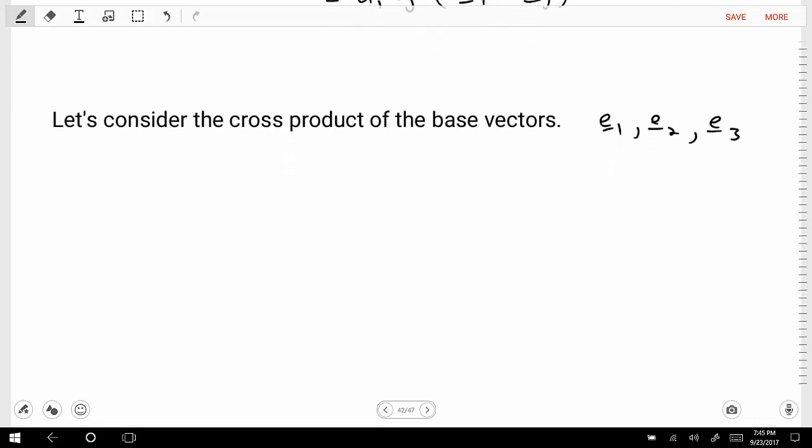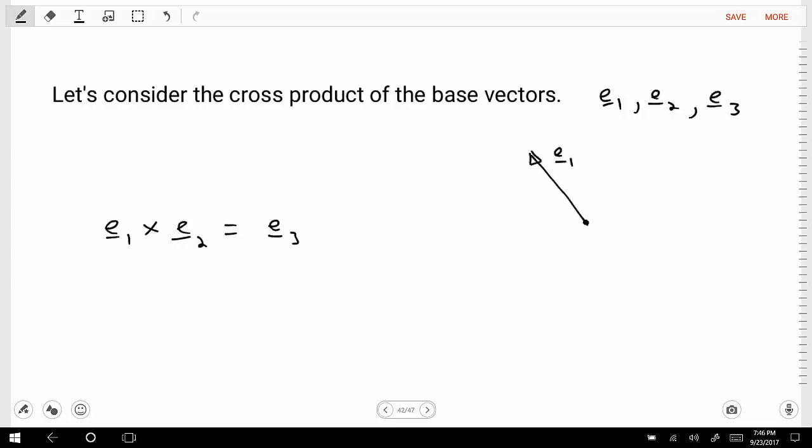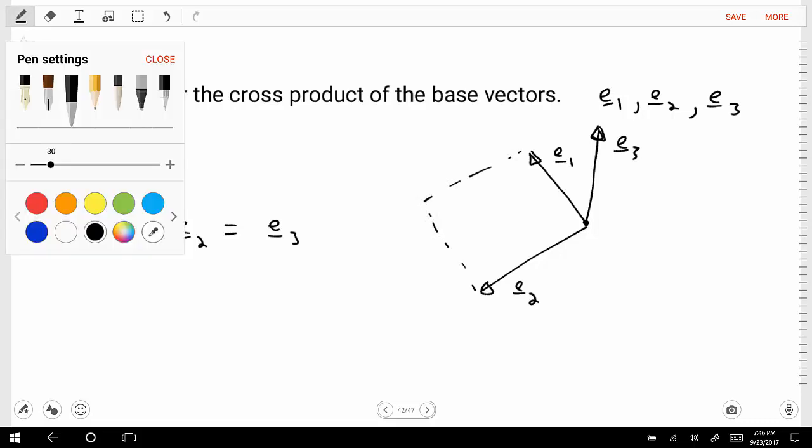And let's perform the cross product of base vector 1 cross base vector 2. The result of that, which we know from earlier lectures, would be our third base vector. And we can graphically show that as vector 1, vector 2, where our third vector is the normal of the surface that is formed by e1 and e2.